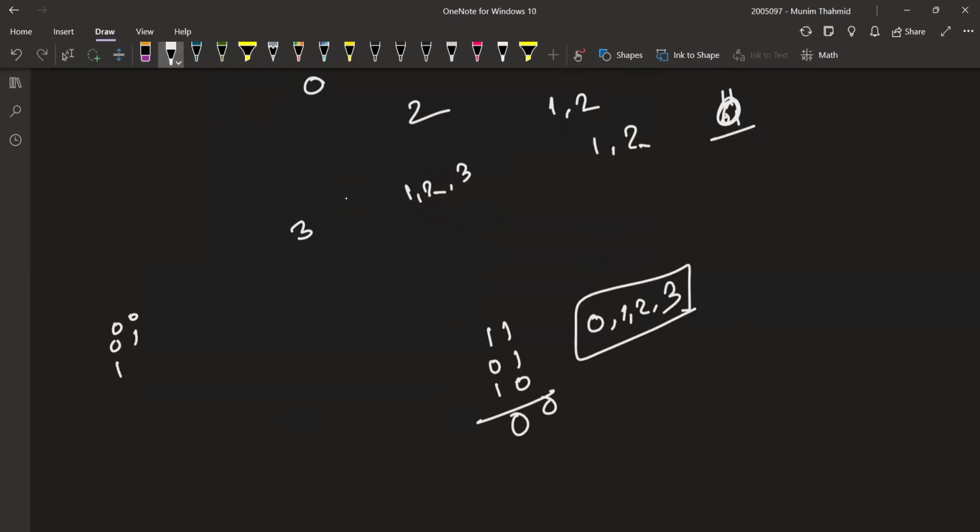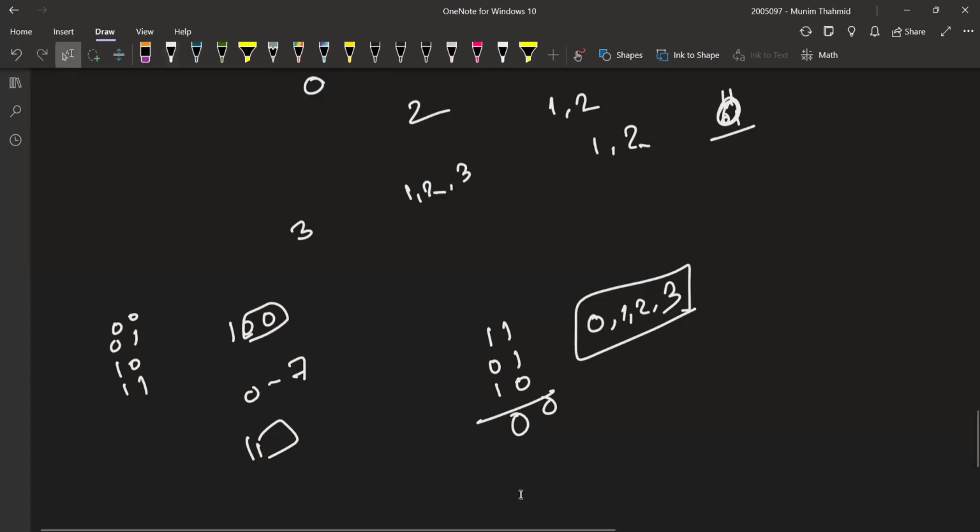For 3, yeah, we get everything: 000, 001, 010, 011. Then for 4, we can fill up all of those and we get 0 to 7, for 5, 6, 7. For 8, once we get 3, everything works out fine.